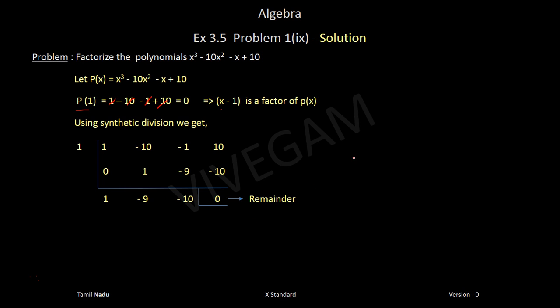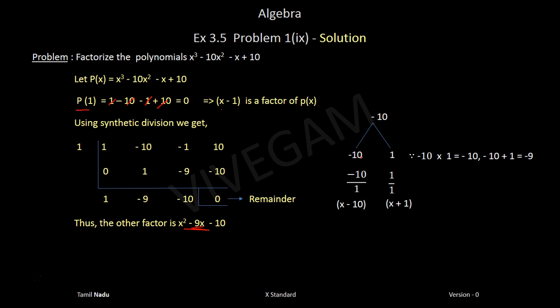Now this minus 10 needs to be divided by the coefficient of x square, which is 1. So minus 10 by 1, no more simplification, and this is 1 by 1.